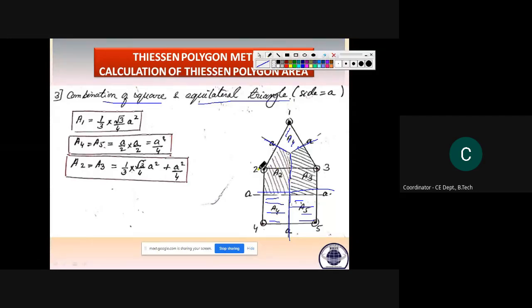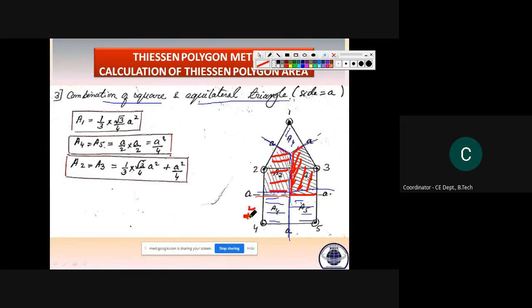For point number 2, the area is this total area. This total area is for A3 and this total area is for A2. So can we find what the area is? From previous, we said that this is A square by 4, right?